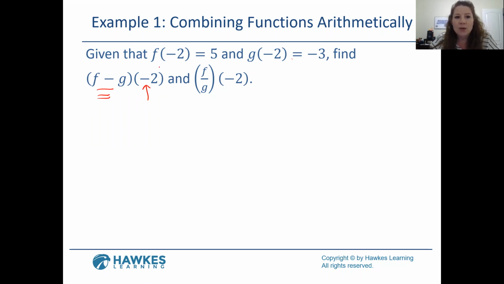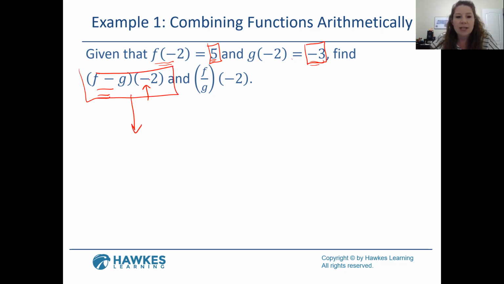All right, so when they put f of -2, it means that they've taken a function, they've implanted -2 into it, and they got an answer of 5. They did that also with this function. And then they want us to subtract this answer and this answer. Okay, we're doing this part first.